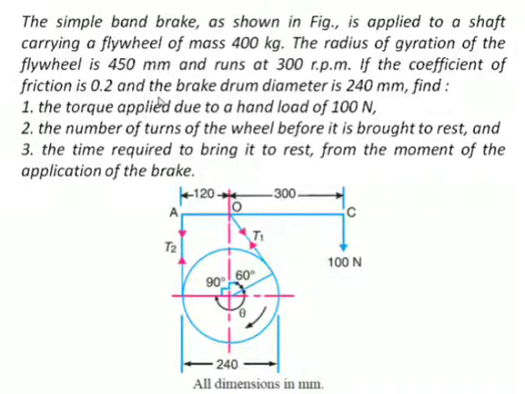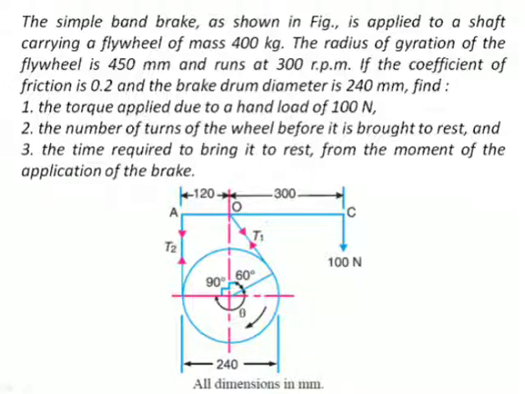due to a hand load of 100 newtons, number 2, the number of turns of the wheel before it is brought to rest, and number 3, the time required to bring it to rest from the moment of the application of the brake. So this is the diagram given with the problem. So we will analyze it one by one.